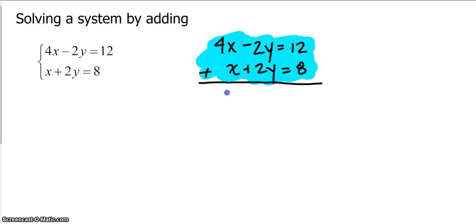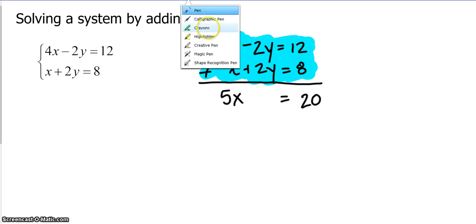4x plus 1x is 5x. And when I add the 2 equations, negative 2y plus 2y is eliminated. Negative 2y plus 2y is 0. Therefore, the y variable has been eliminated. And 12 plus 8 is equal to 20.